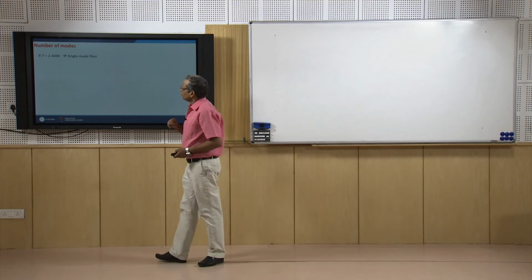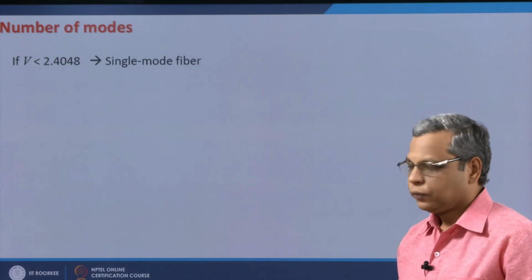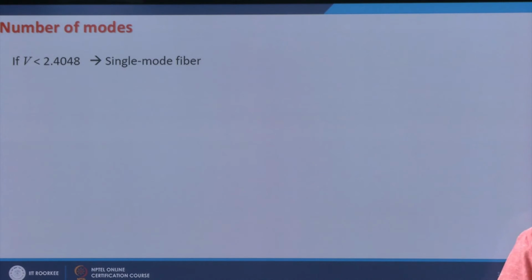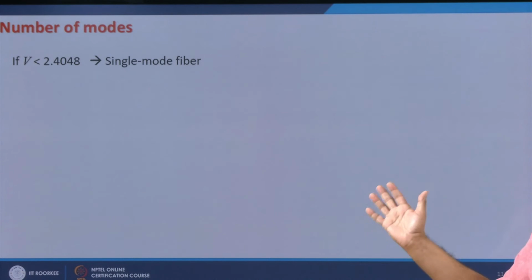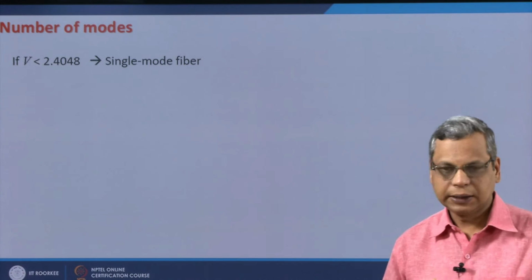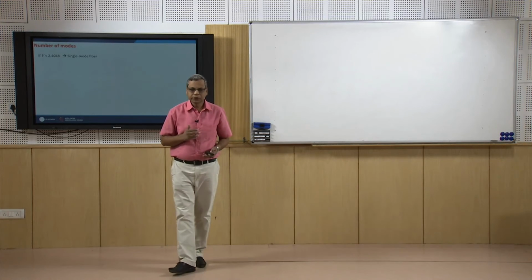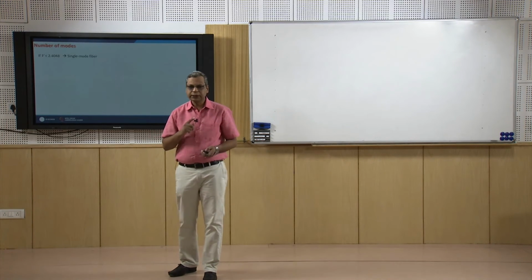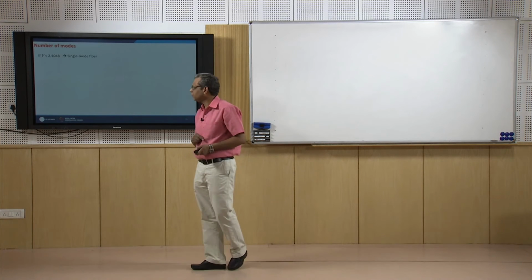So, for V less than 2.4048 I have a single mode fiber, and this is how the cutoff condition for single mode operation is coming, because 2.4048 is the cutoff of first higher order mode, which is the LP11 mode.